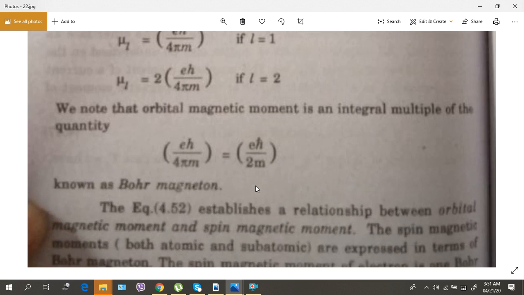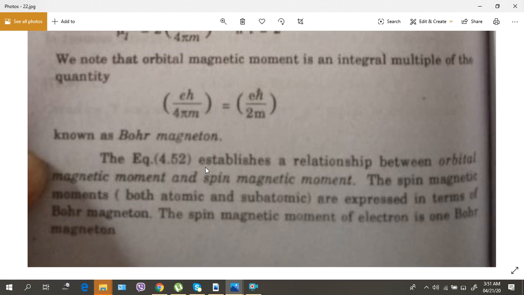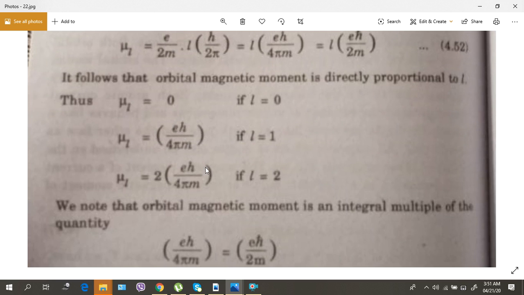So we know that the orbital magnetic moment is an integral multiple of the quantity eh over 4 pi m, that is e h-cut over 2m, known as the Bohr magneton. So this value is equal to the Bohr magneton. This is equation 4.52.